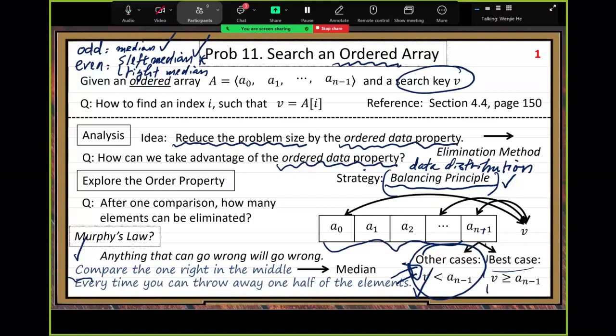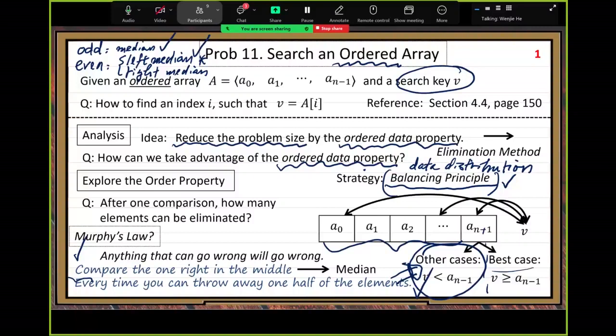All right, so let's move to the next part. Every time you can throw away 1/2 of the elements. Because after you compare the given key with the median, it could be greater or equal to the median or less than the median. Two cases, right?